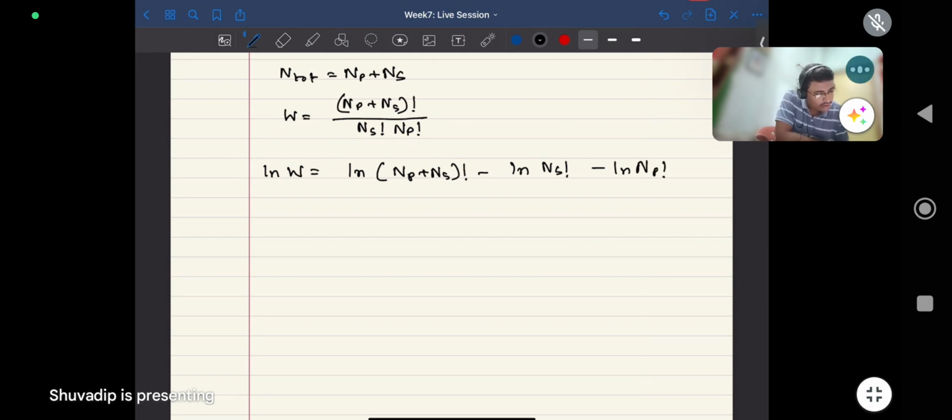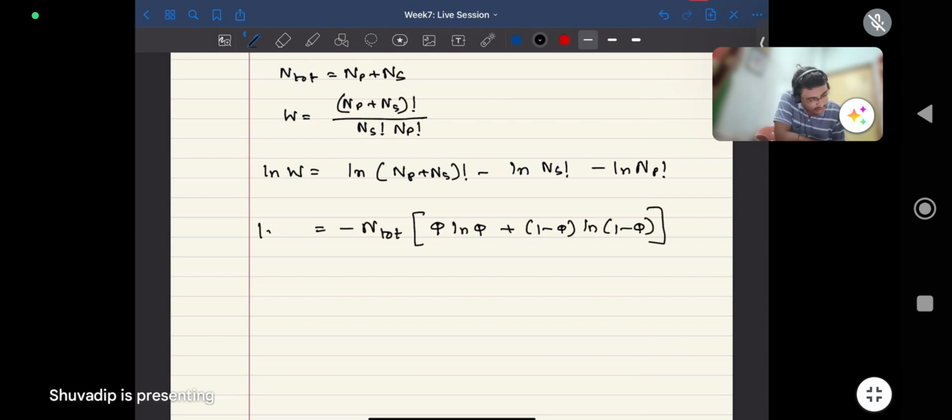Then we will use the Stirling approximation, and after doing everything, we'll get the result as minus n total, phi ln phi plus 1 minus phi ln 1 minus phi. This is the log of omega. If we now multiply it with kB, that will give us the entropy. So we are all set to write down our full free energy.